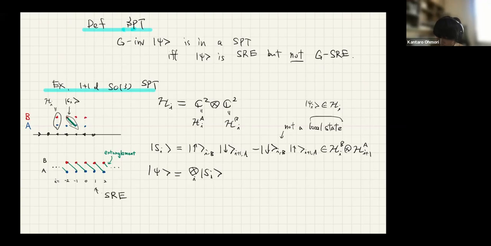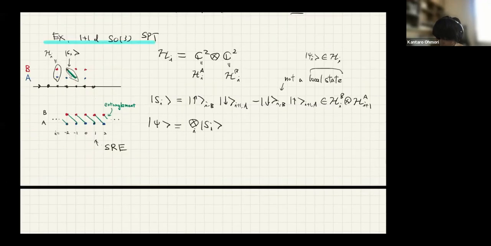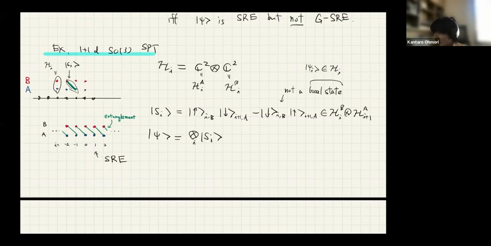And I take the action. I want to pick the SO3 action, and that has to be on site.